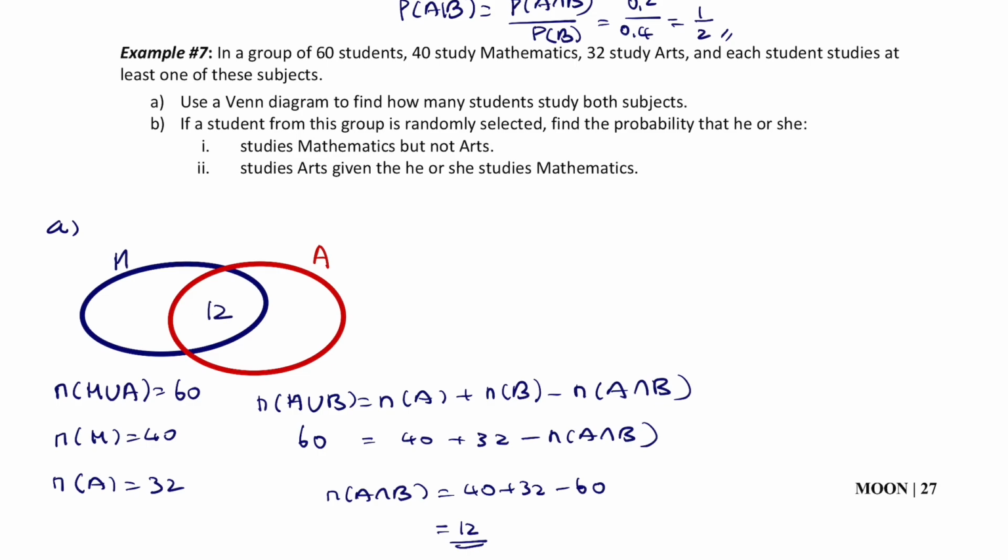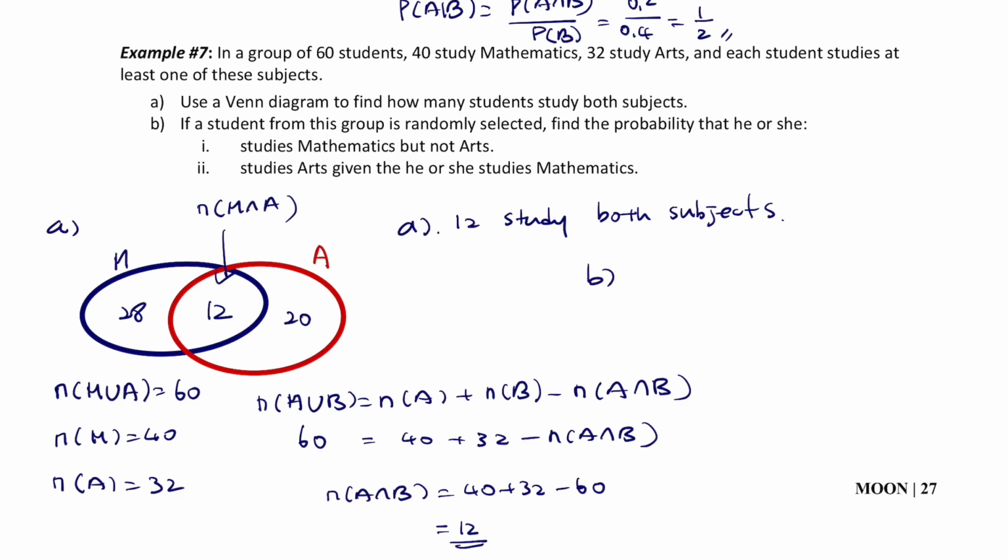So we have 12 that's intersecting. So M intersect A. That means we have 28 for mathematics, the students who are only taking mathematics, and we have 20 students who are only taking art, right? Then we can say question A, 12 students study both subjects.